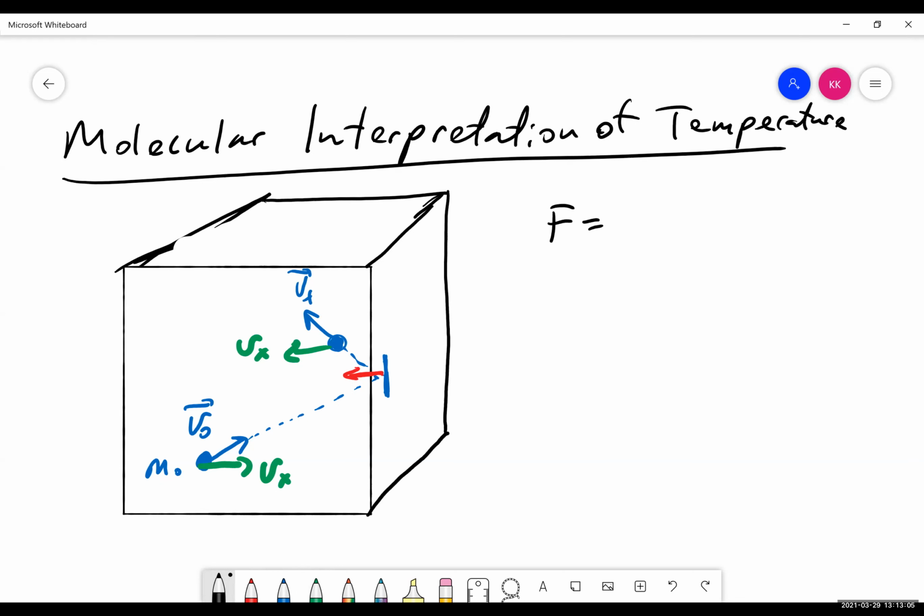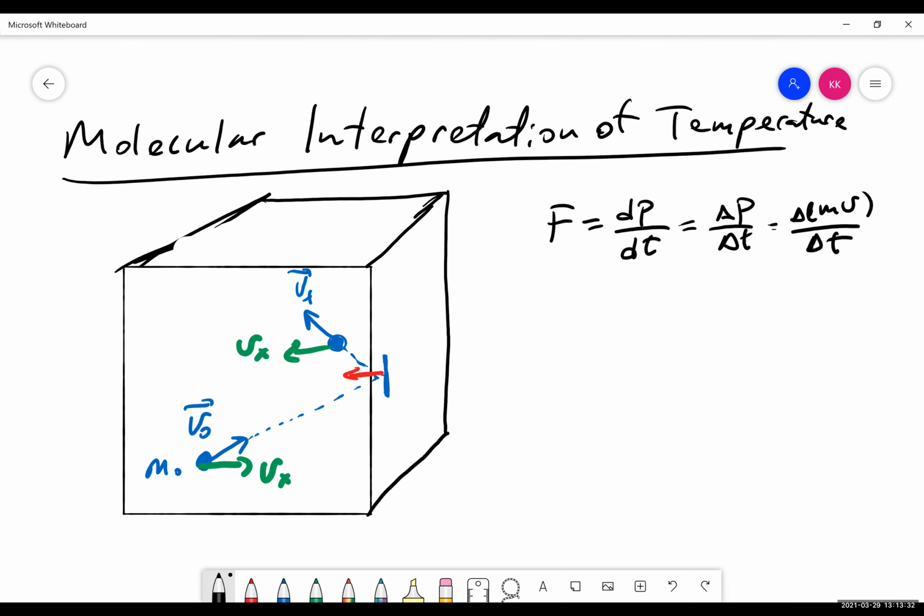Remember, force equals dp/dt, the force changing the momentum of the object. So I can do it in terms of delta p over delta t, which is delta mv over delta t, the change in momentum.